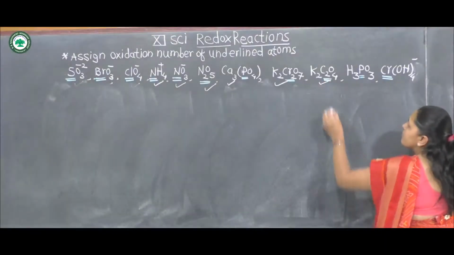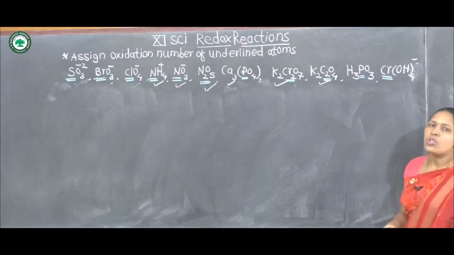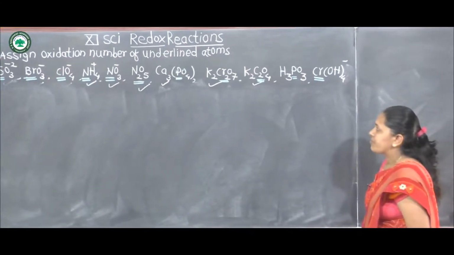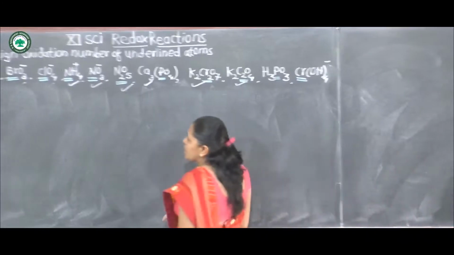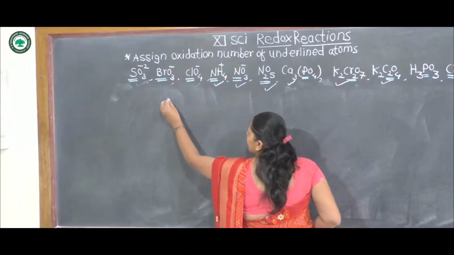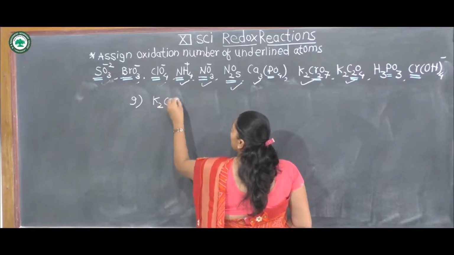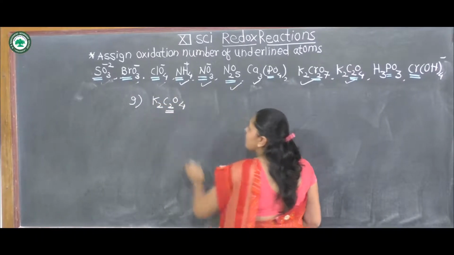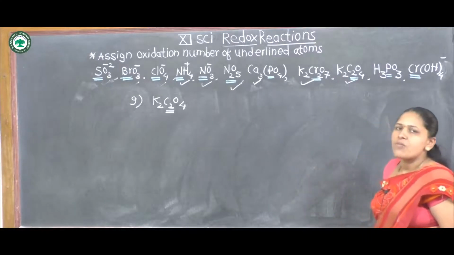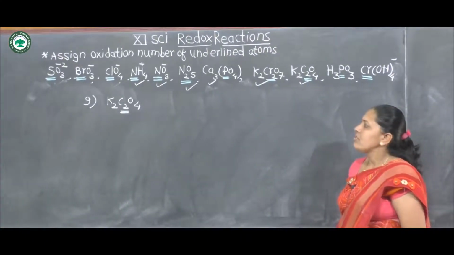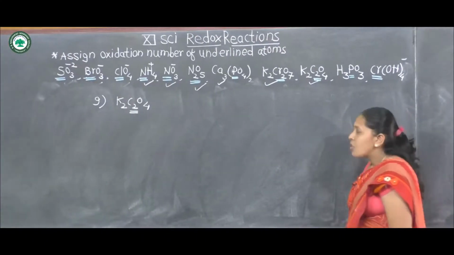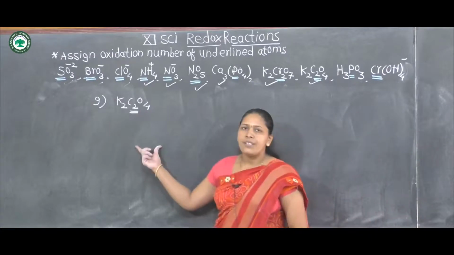The next example, K2C2O4, potassium oxalate. 9th example, K2C2O4. In this example, we have to calculate the oxidation state of carbon. Here also, potassium is present.